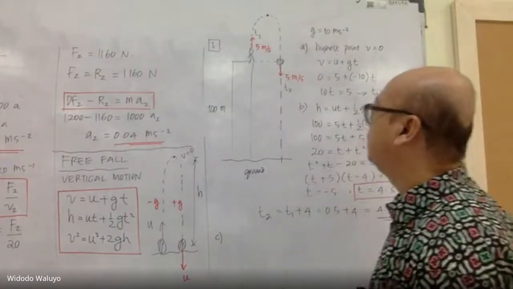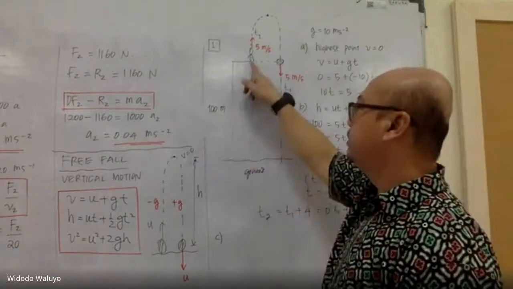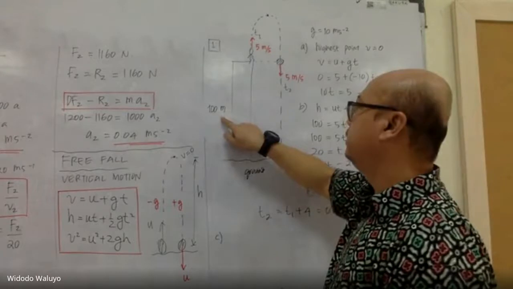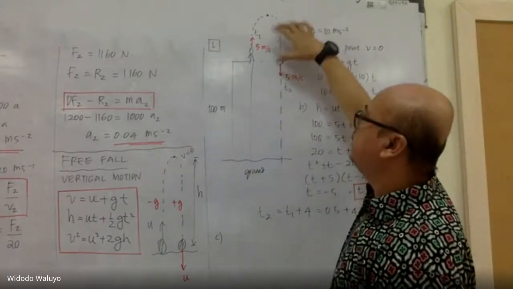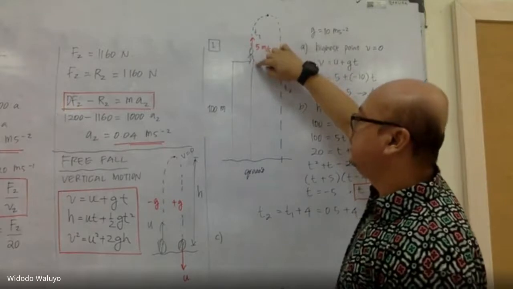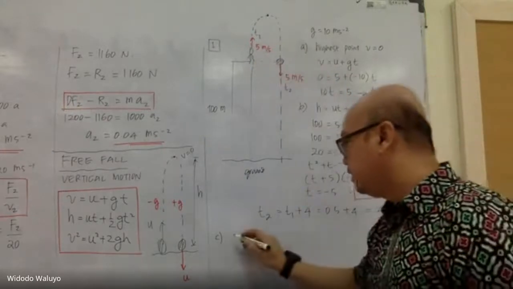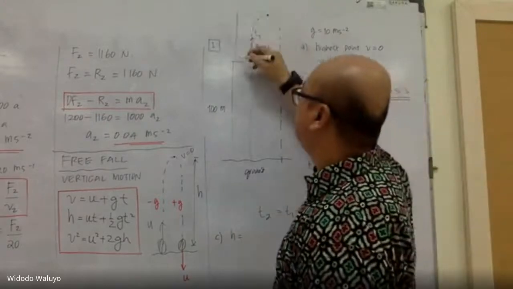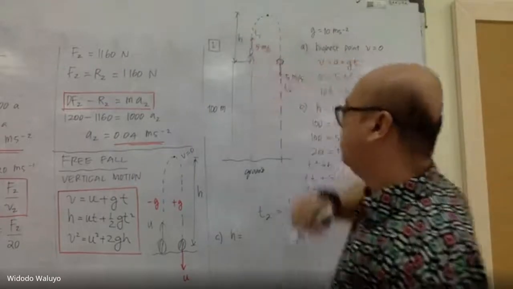Actually, we already have the building height is 100 meter. So we need to find the height from the maximum point until the top of the building. Let's say it's small h here.